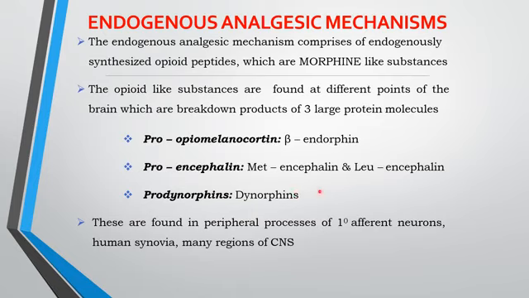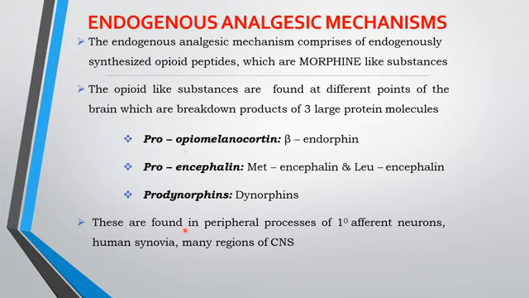So these are the opioid substances present at three different points of the brain, obtained from the large protein molecules.